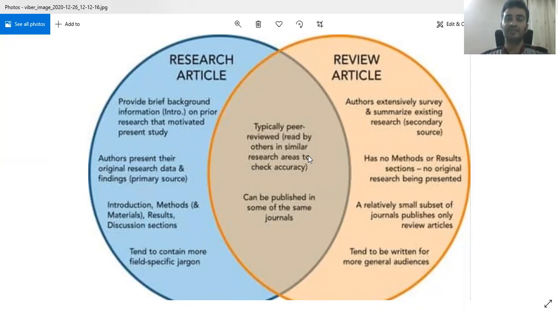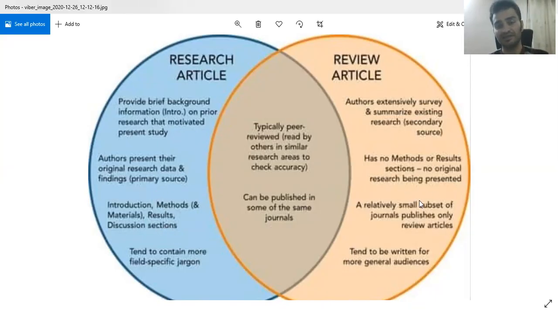Find the final or latest updates, and in some cases the limitations and progress in this particular topic or field. Another difference: in a research article, we have introduction, method, material, result, discussion, conclusion, and of course an abstract at the beginning.